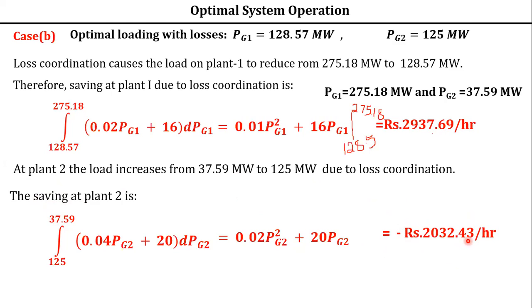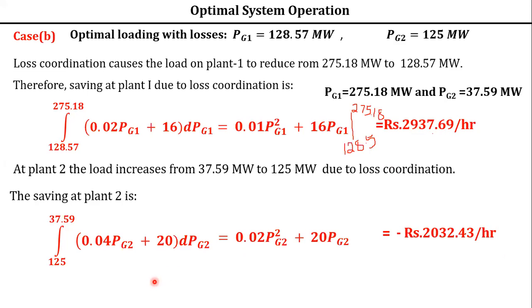Now, what is the overall saving? This is at plant 1 and this is at plant 2. Is there any overall saving of the plant? What will be the overall saving?